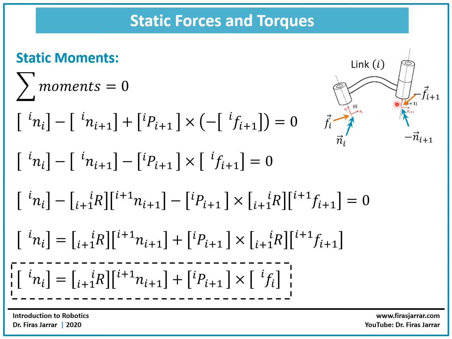But we need to consider the moment generated by this force. A moment of a force is computed using the well-known relationship, the vector cross product R cross F. So in this case, R is going to be the position vector from I plus 1 to I, cross product the force vector here.